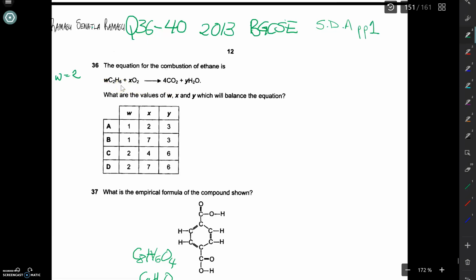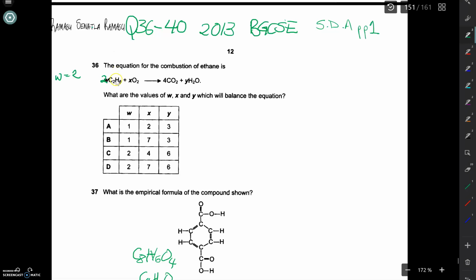So since we know that our W is 2, and we have H6 here. H6 means 6 hydrogen atoms, but because we have a 2 here, this becomes 6 times 2, so we have 12 hydrogen atoms, right?